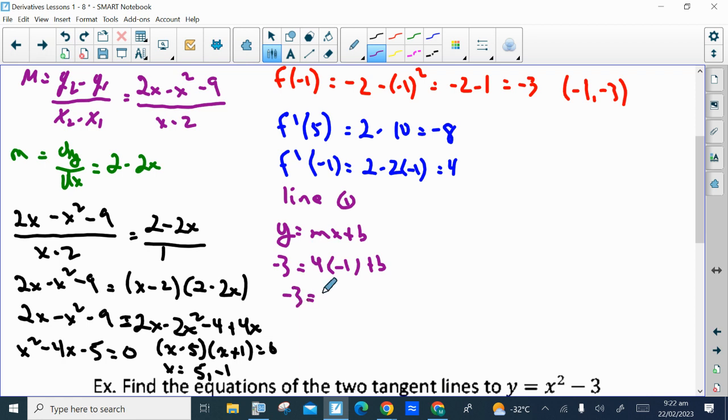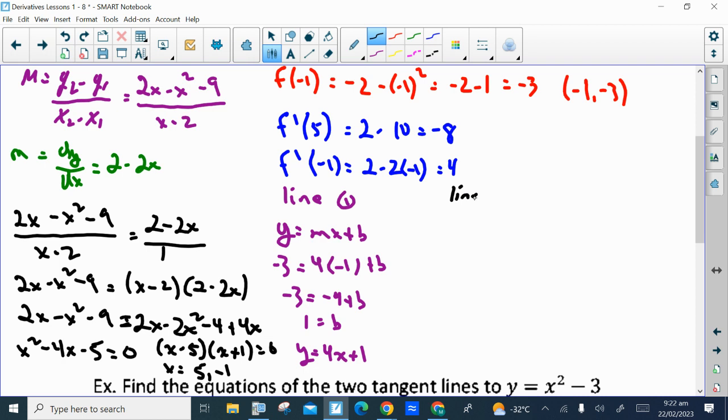So negative 3 will equal negative 4 plus b, and when you add 4 to both sides, b will equal 1, and that equation will be y equals 4x plus 1. So that's the equation in slope-intercept form. And if you wanted to write in general form, that's easy to do.